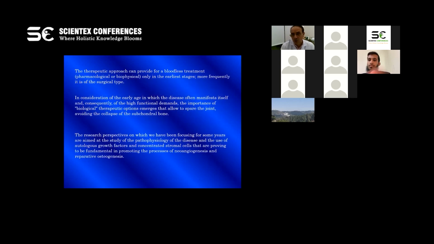In the classification, we have 4 stages. In stage 1 and stage 2, the diagnosis can be made only with MRI. In stage 3, we can see some visible alteration on X-ray. In stage 4, the X-ray is very evident, like coxarthritis.